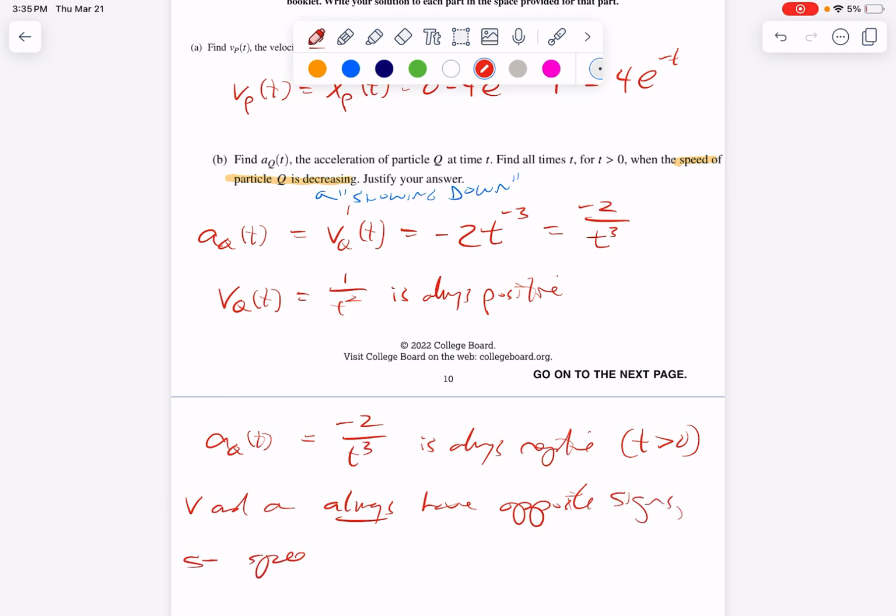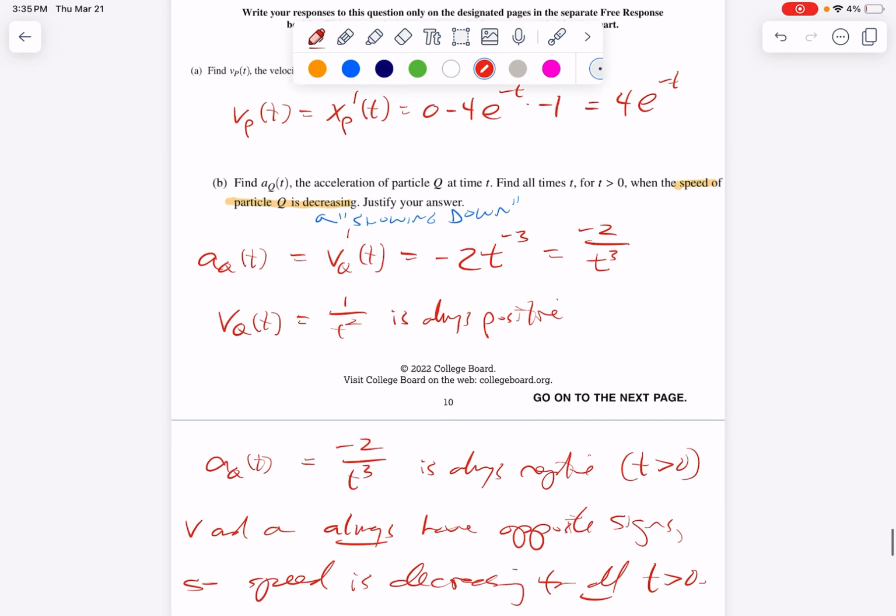So speed is decreasing for all values of t that are positive. Okay, and that's 3 points total. 1 for finding acceleration, 1 for demonstrating that you understand how speeding up and slowing down are involved, and 1 for getting to the correct answer.